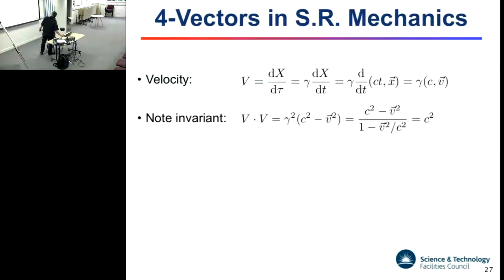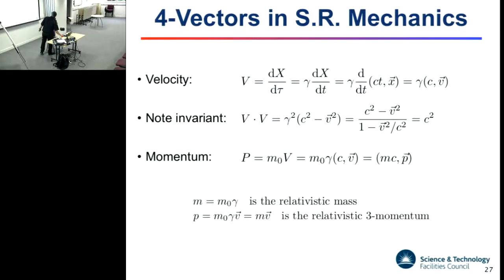invariants and a bunch of 4 vectors. One of the 4 vectors we've got is the position, this one. The next one is the velocity. That's the differentiation of this vector with respect to not time, not to t, but to the time associated with the particle itself.